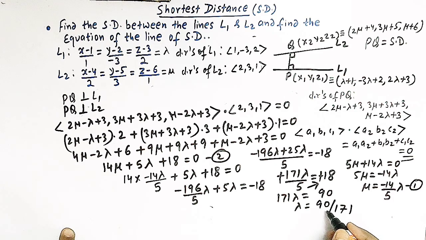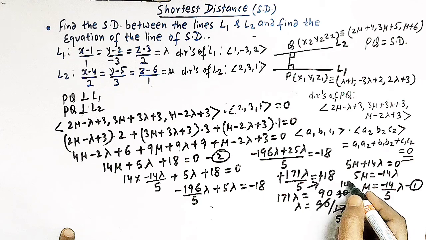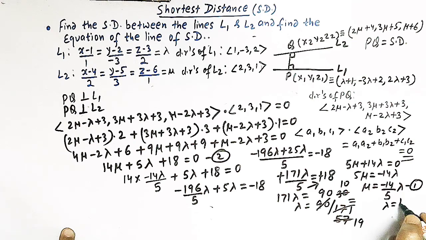So now here we can simplify it or reduce it to the lowest terms. So we have here 3 times 30, and this is 3 times 57, and here 3 times 10, and this is 3 times 19. So the value of lambda is 10 over 19.